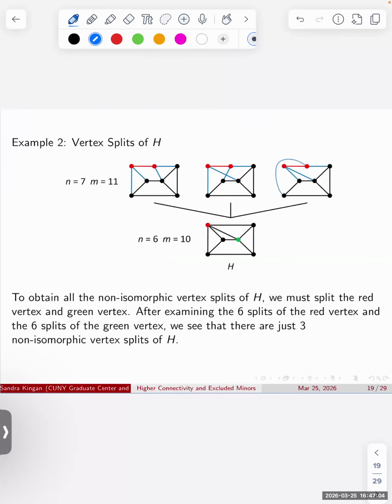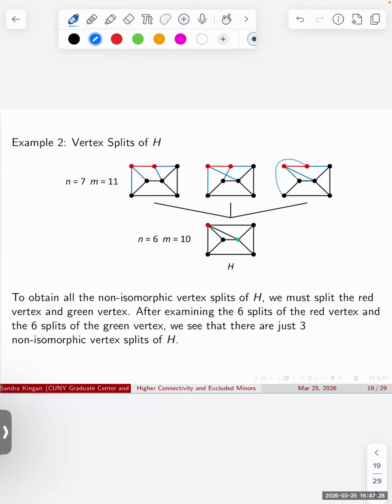And the next example is a little bit better. You can see how you can split the red vertex or you can split the green vertex. You get 6 splits if you look at all possibilities, and 6 splits of green vertices. Check isomorphism, and then you actually get only 3 vertex splits.